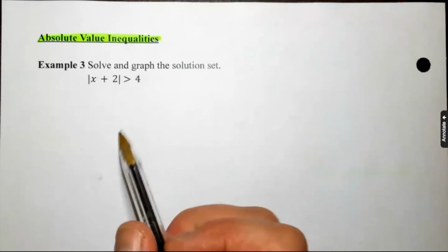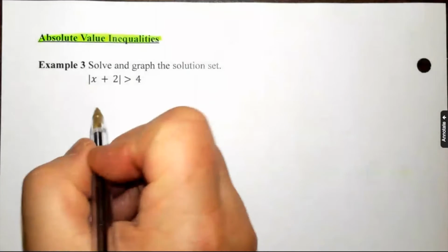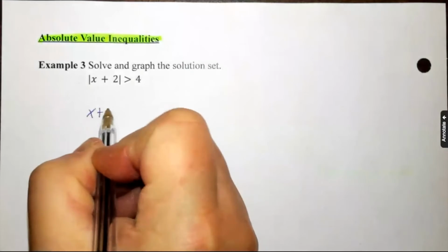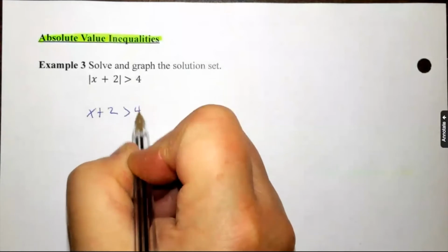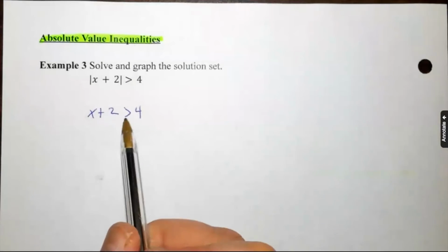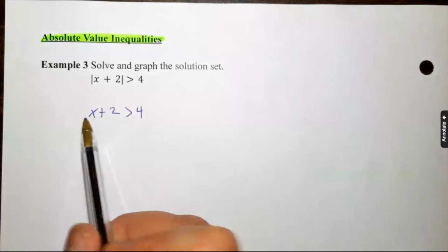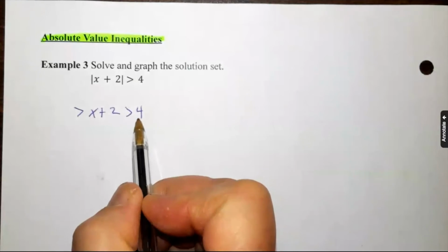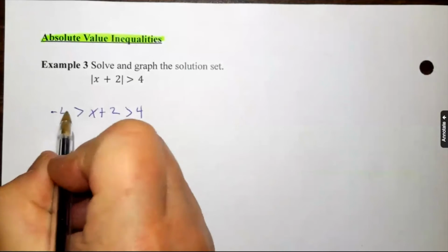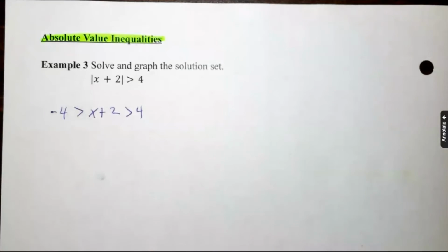And how do we set it up to get our 2 answers? We are going to write down x plus 2. We're going to bring down this inequality sign with the 4. We're going to take this inequality and slide over here and have the same sign and then the opposite of this number. The opposite of 4 is -4. And now we can see that we have a compound inequality.